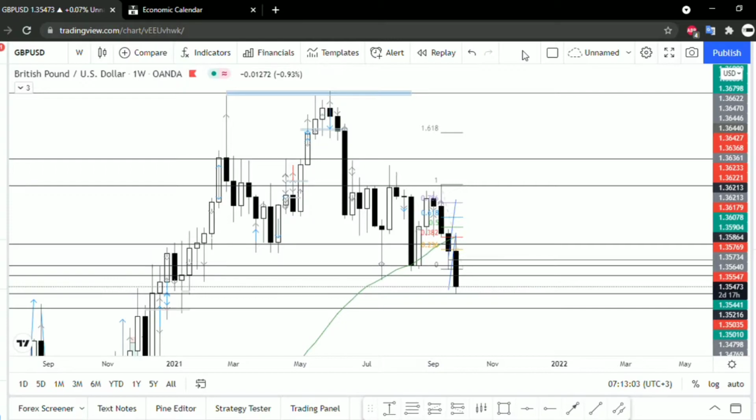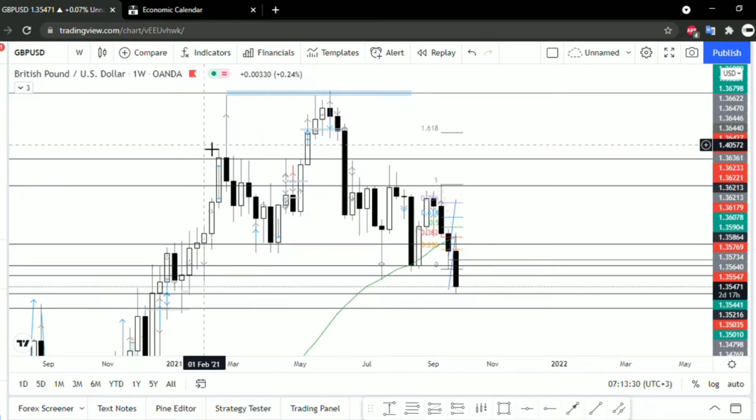So without much further ado, let's get straight into today's analysis, and we are looking at GBP USD, of course. As you can see on the weekly time frame, our currency pair is actually finally respecting the structure and almost finalizing on this movement, or rather this candlestick pattern, which is the head and shoulders.